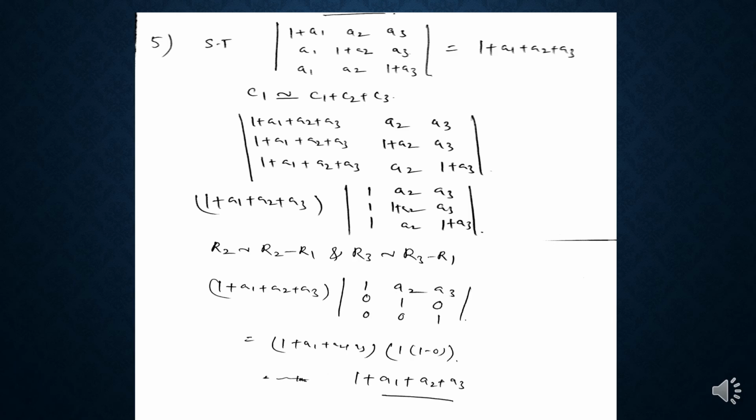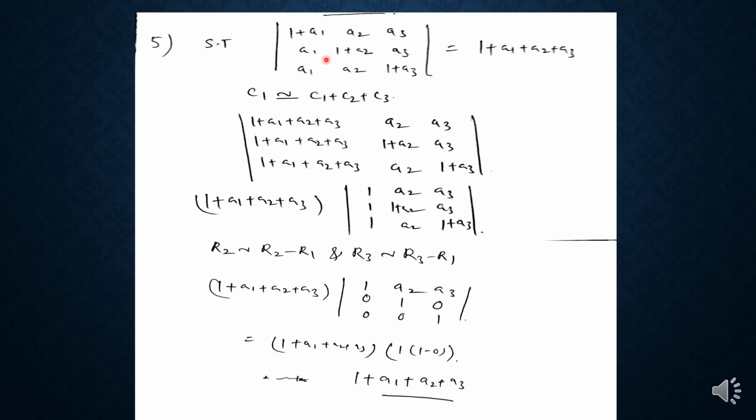Check whether it is possible to get 1 plus a1 plus a2 plus a3 by adding columns or rows. So by adding rows, 1 plus a1 plus a1 is different. So check by adding columns, 1 plus a1 plus a2 plus a3. By adding, C1 changes to C1 plus C2 plus C3. So the C1 element is 1 plus a1 plus a2 plus a3.